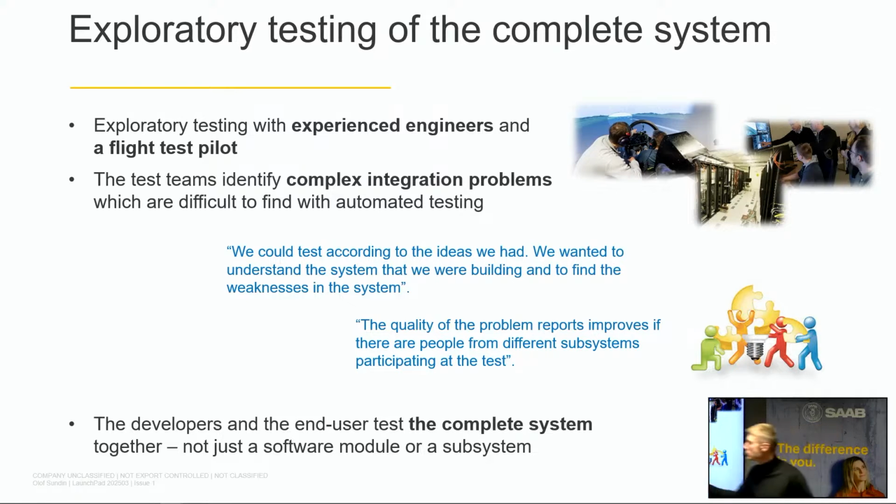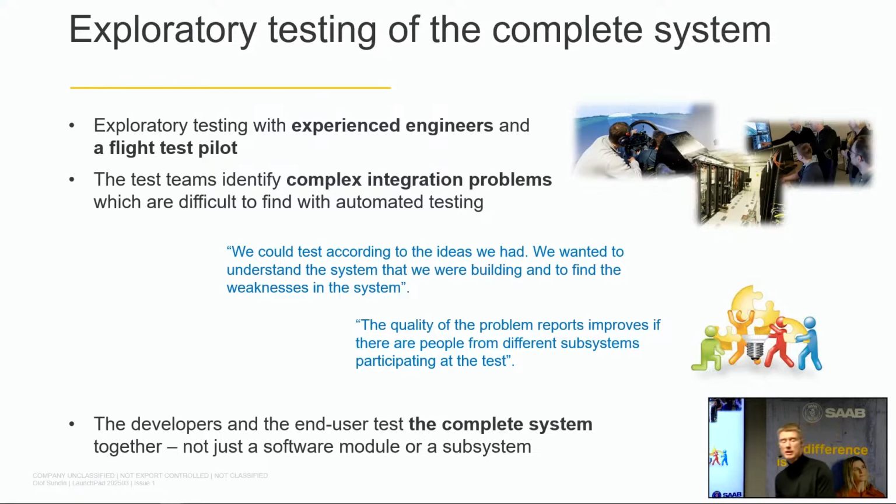The second quote is someone saying that the quality of the problem reports improves if there are people from different subsystems participating at the test. That means that instead of having a test department that sends a problem report that says it doesn't work, greetings from your tester, you have the people that actually work in the development teams testing the product together and discussing the root cause, because they contribute with different knowledge.